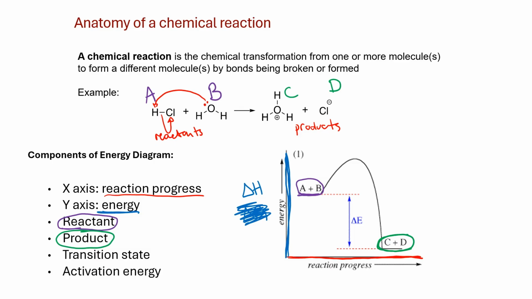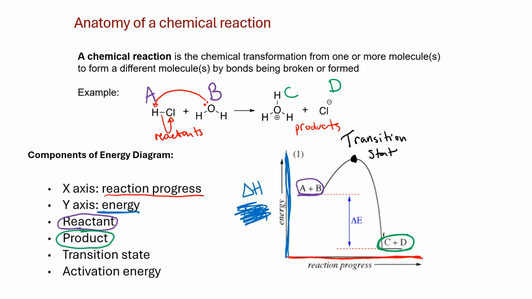We see that because we're creating a hump on our energy graph. The energy is going up and then it comes back down, okay? Right here at the tippy top of our mountain or our hill, we call that the energy of the transition state.